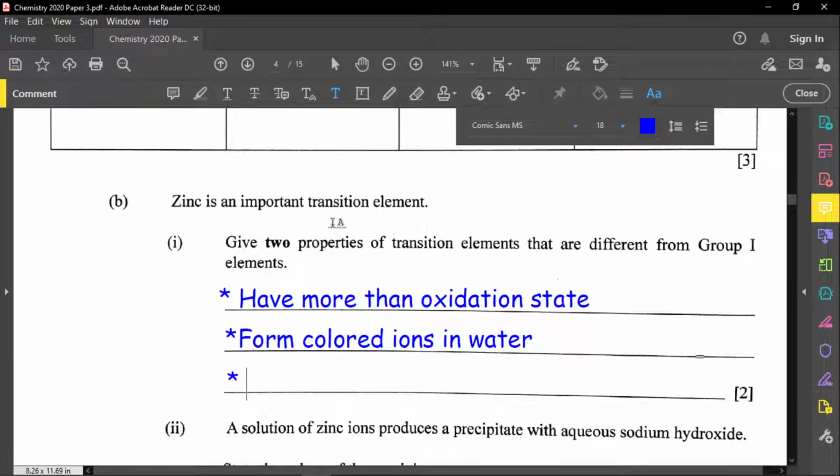The next property is that they have a high melting point compared to group 1, so higher melting points. They also have higher density compared to group 1.